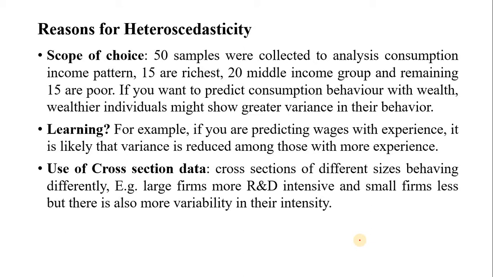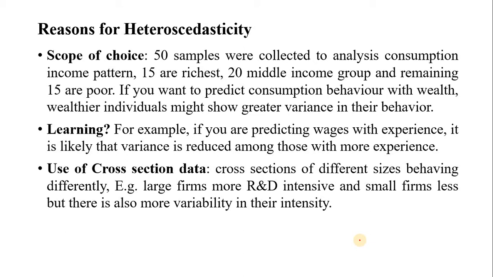The next one is learning by doing, or learning. What is meant by learning? In certain examples, if an individual has the highest learning capacity or highest experience, they may have variations.